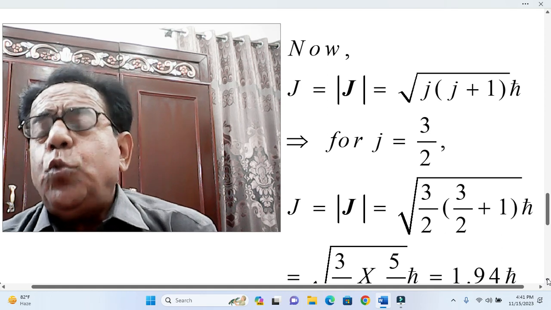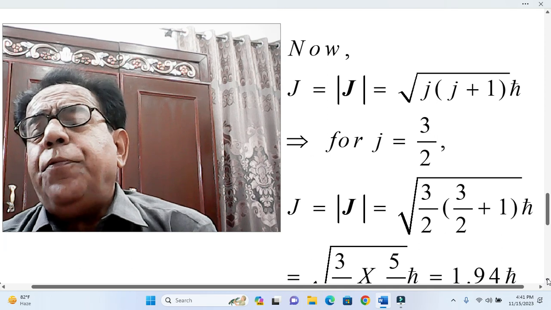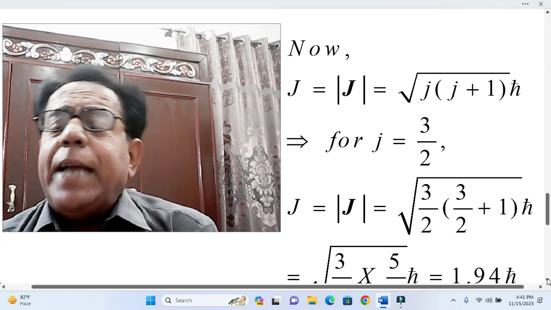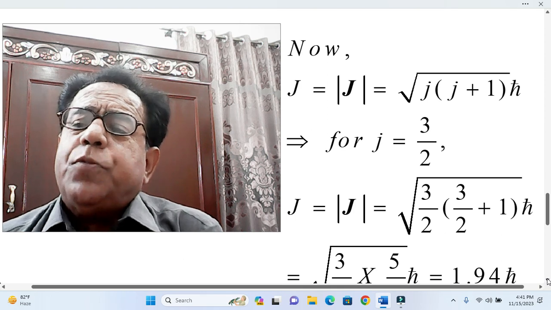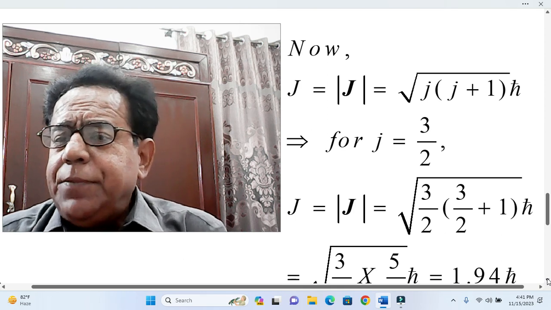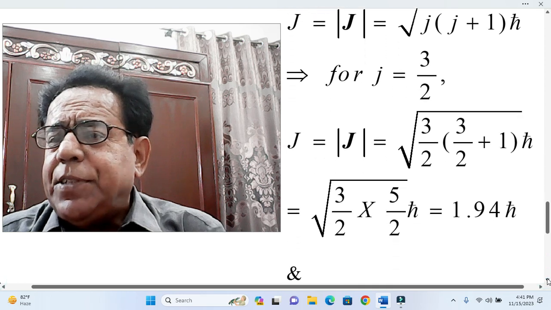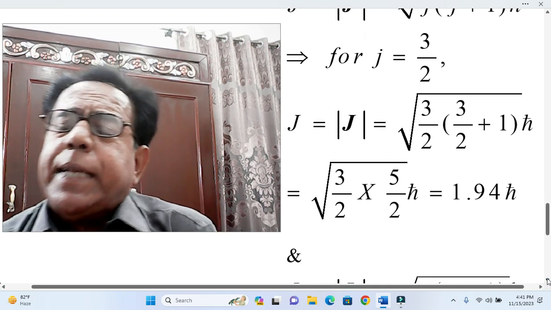Because we have two values of j, one by one we will find capital J for both these values of small j. First we take the value of small j equal to 3/2, then we will take 5/2.